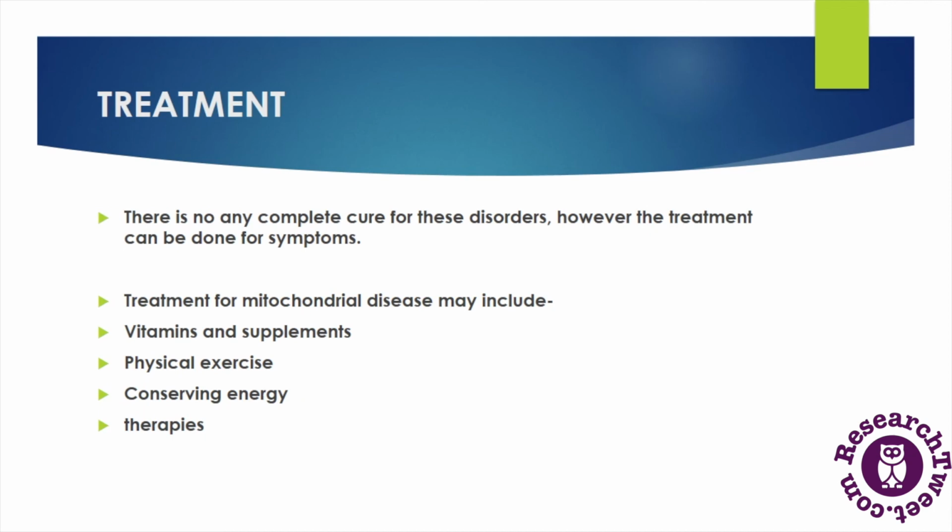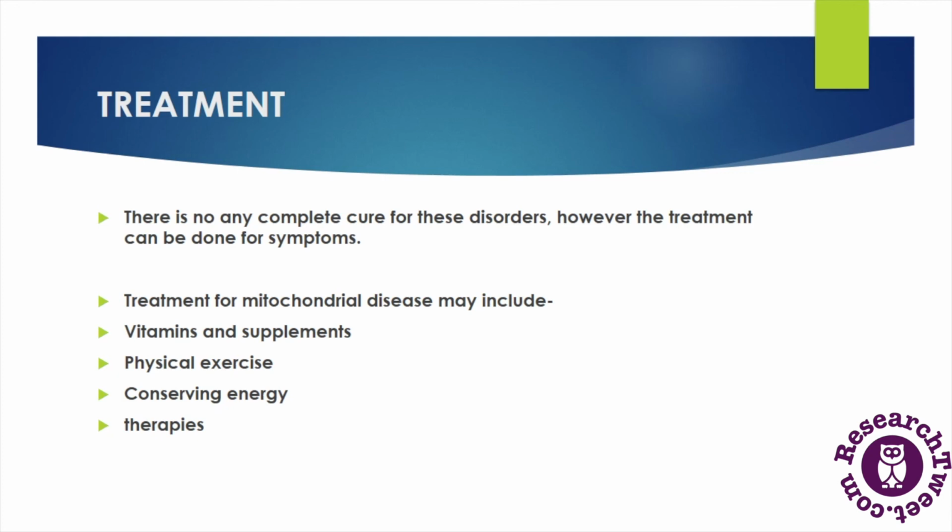So now let's understand the treatment of mitochondrial diseases. There is no complete cure for this disease, and in most cases this disease is carried by the parent into the child and is considered an inherited or genetic disease. So there is no complete cure or treatment for this disorder, but there are many treatments which can be done for the symptoms caused by mitochondrial disease.